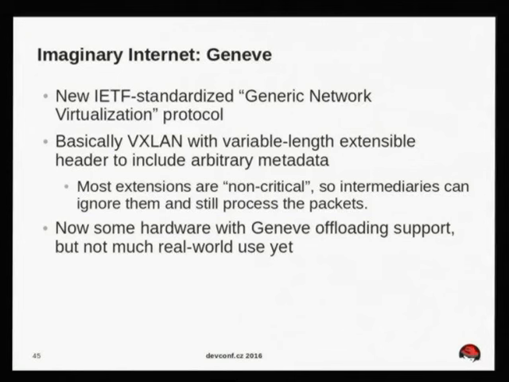It's designed so that the routers don't need to understand the extensions and can still pass on the packets, and you can still have hardware that will deal with the checksum offloading without understanding all of the extensions. And there is hardware that does that already, even though no one is really using it yet. But everyone is sure that we're going to be using it at some point.